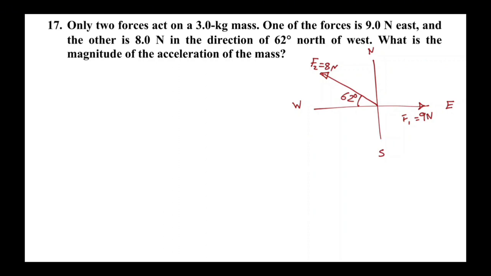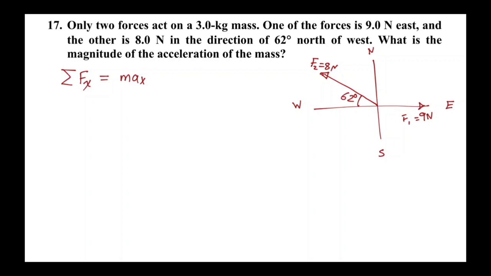Now, what is the magnitude of the acceleration? We need to calculate the magnitude of the acceleration. In this case, the sum of all forces on x equals m a_x. On x we have 9 directed this way, and the other one is 8 cosine 62 going to the left.